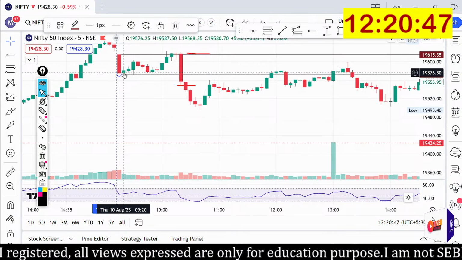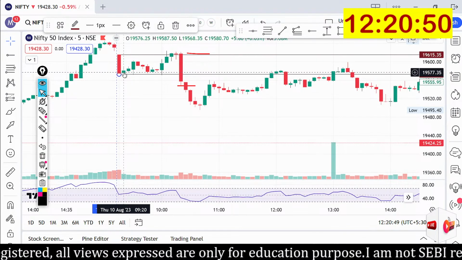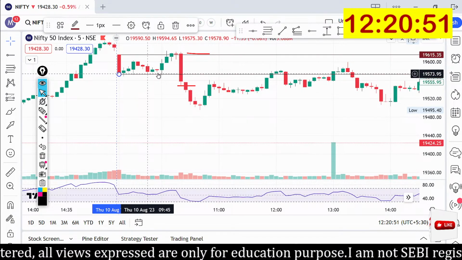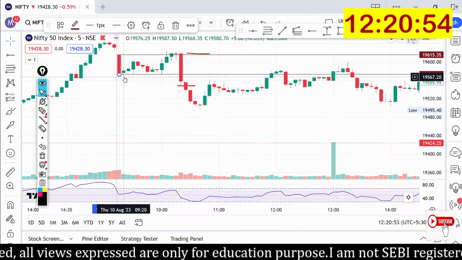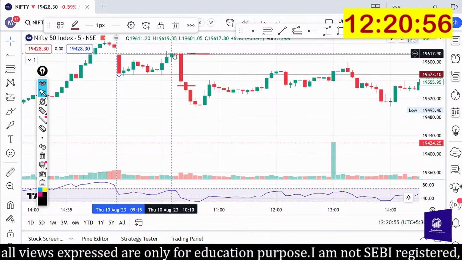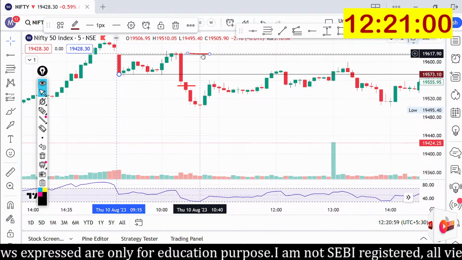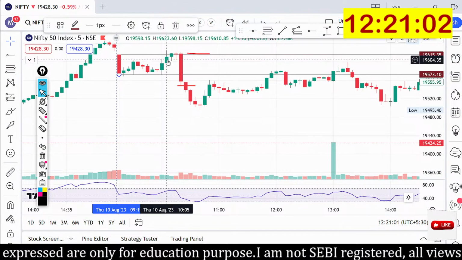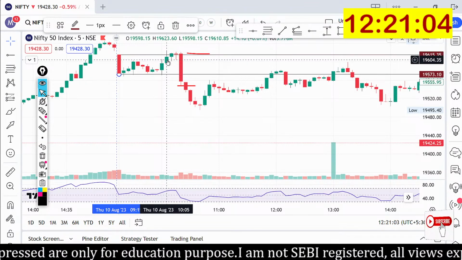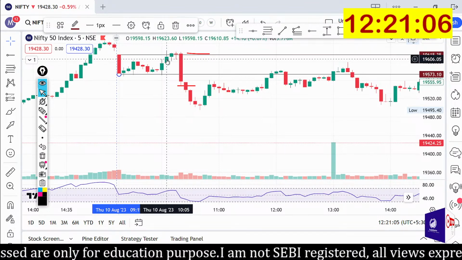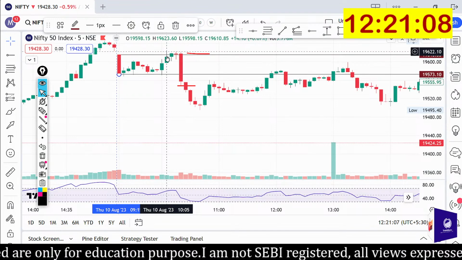Whenever this kind of momentum has happened, what happened after that is these buyers were literally struggling to take it up to this level. Whatever the buyers try to take up, look at this candle now.